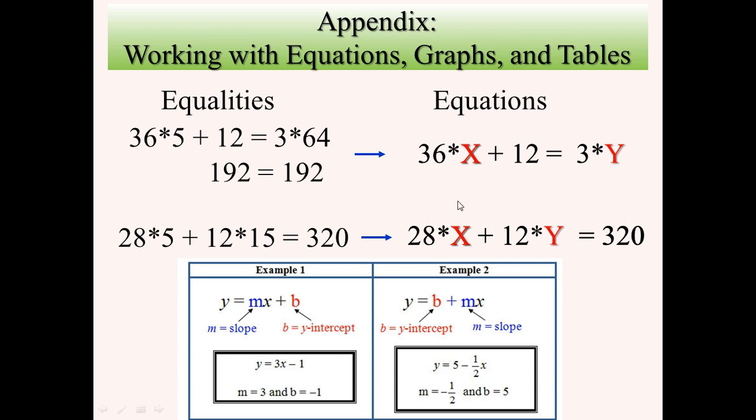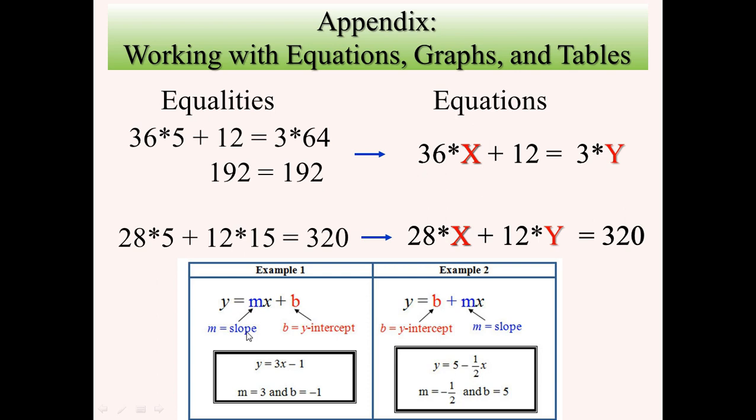For a specific equation we know some numbers, like the earlier one. That is a specific, or real, equation, because we know some numbers and some letters are unknown. But this one is a general equation, not a real equation. So m is the slope of the equation, b is the y-intercept. Okay, what does slope mean?